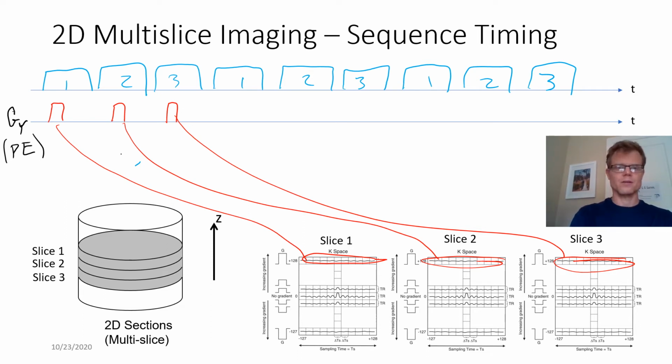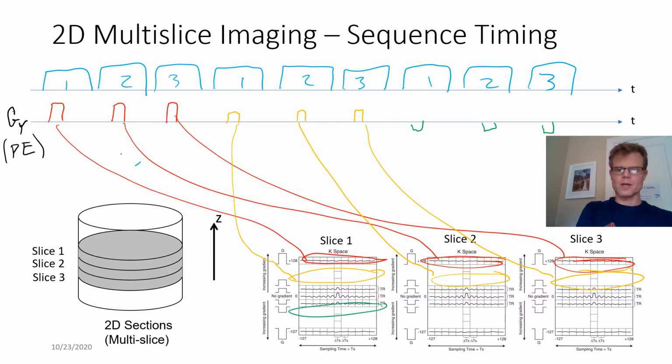We might move on to our smaller orange phase encoding gradient. We're going to come in here and fill in our next lines in K-space, and so on. Maybe now we're filling in a line down here.